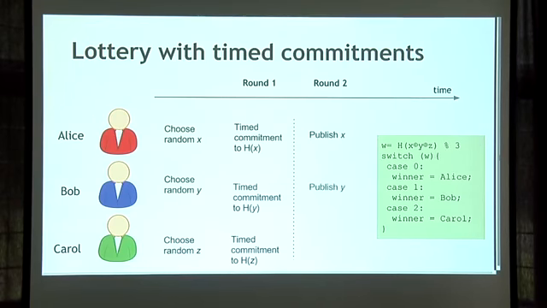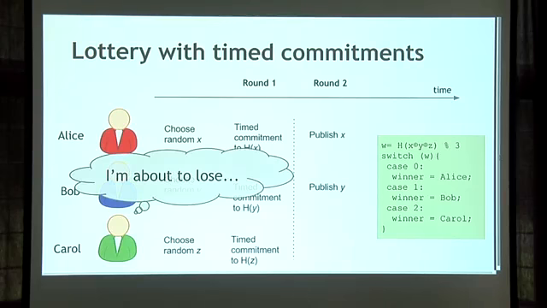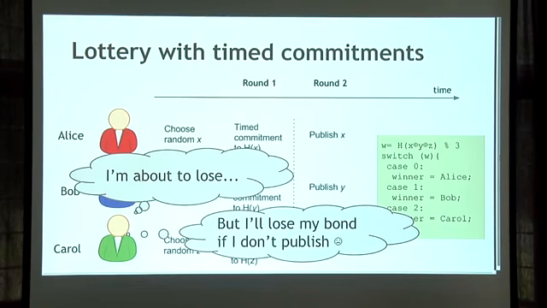So if we get into that same situation where Carol can look at the other two parties' random values and say, I'm about to lose this lottery, the other possibility for Carol of not publishing is also not very appealing, because if she refuses to publish her random value, she's going to lose her bond anyway. So if the bond is higher than the value that's at stake in the lottery, we expect that Carol will publish her value and the lottery will go on as usual and everybody will get their bond back.